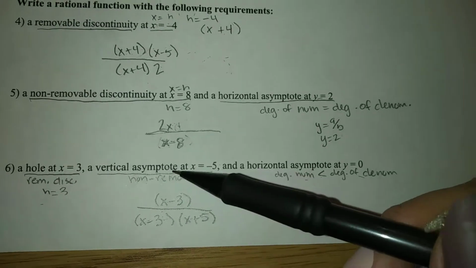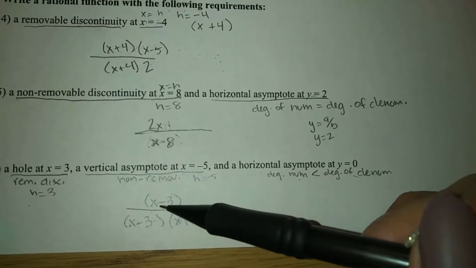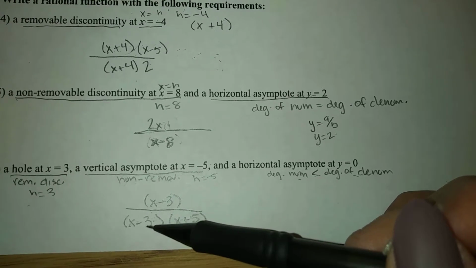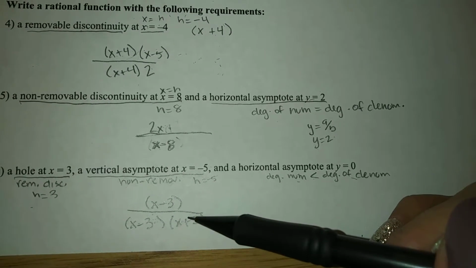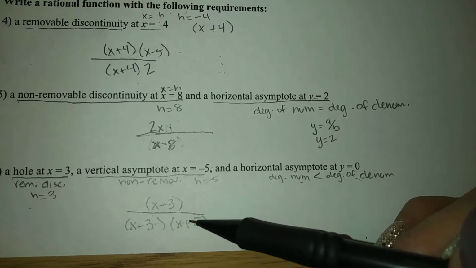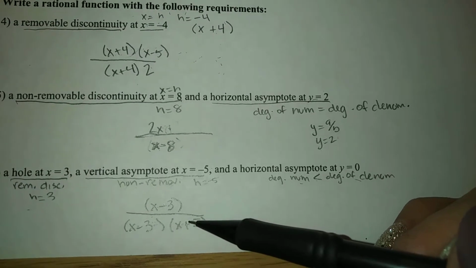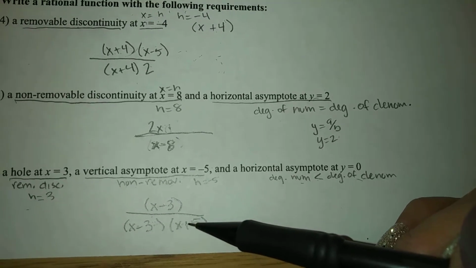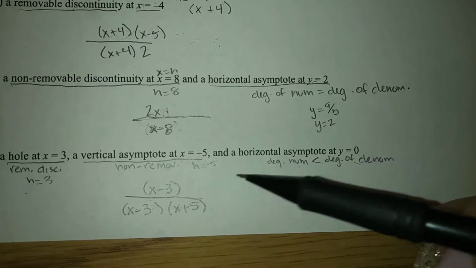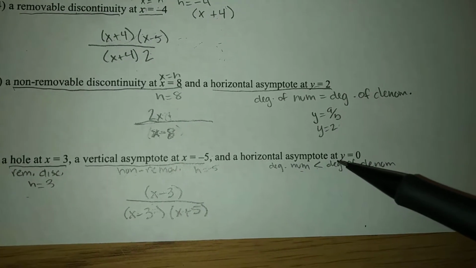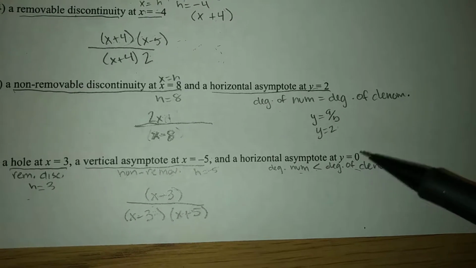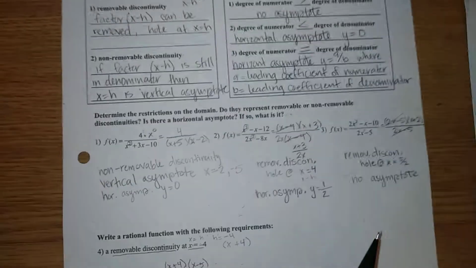When we remove these, I'll have a hole at 3. This will be left under 1, so it'll be my non-removable, and I'll have a vertical asymptote at -5. And because of my degree, I'll have my horizontal asymptote at y equals 0. So everything checks out.